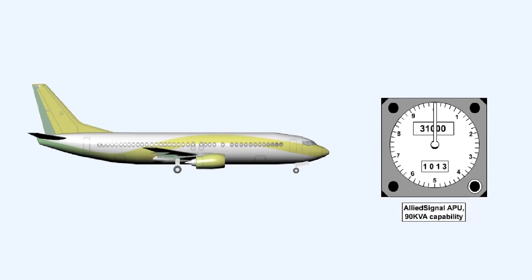If the aircraft descends to 31,000 feet, that same auxiliary power unit can deliver 90 kVA. Other 737 aircraft may have Garrett or Sundstrand auxiliary power units fitted. These units have a maximum recommended start altitude of 25,000 feet and are only rated at 55 kVA.